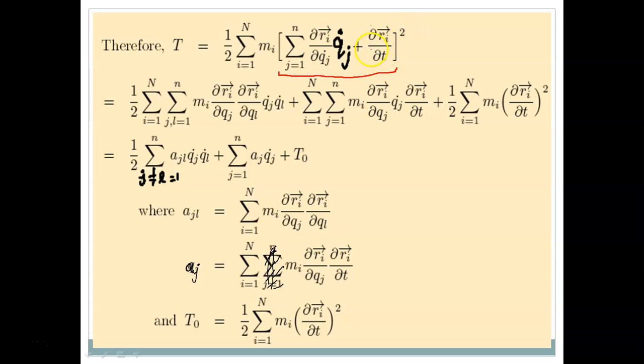ri dot square. Now we open this square. In fact, this is a square of n plus 1 terms. When you put the values j going from 1 to n, n terms will be obtained after opening this summation, and one term is here. And when we square such an expression, what do we get?